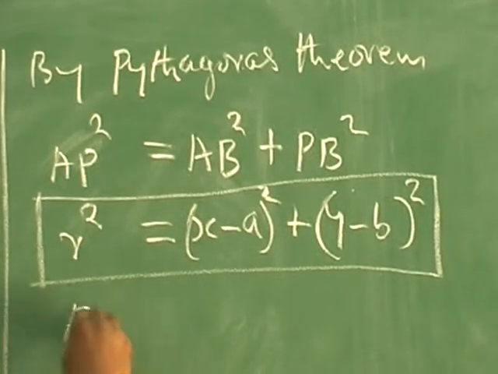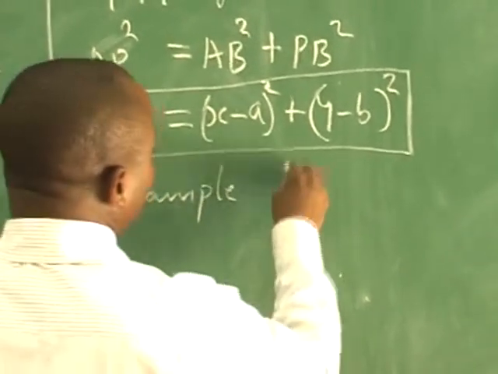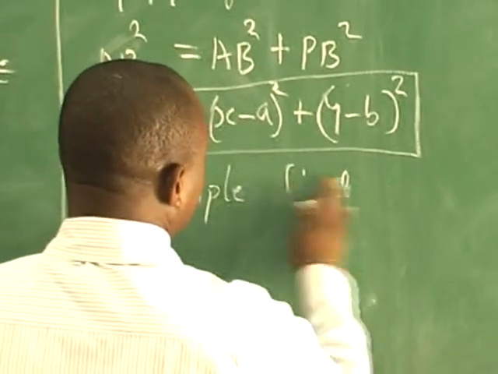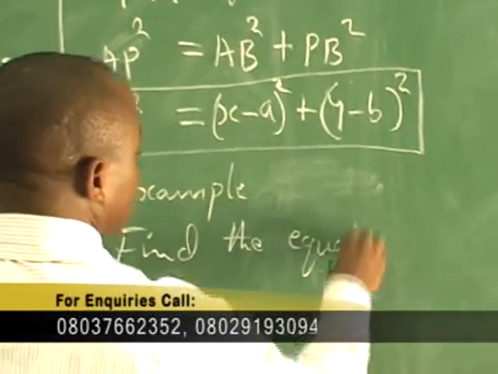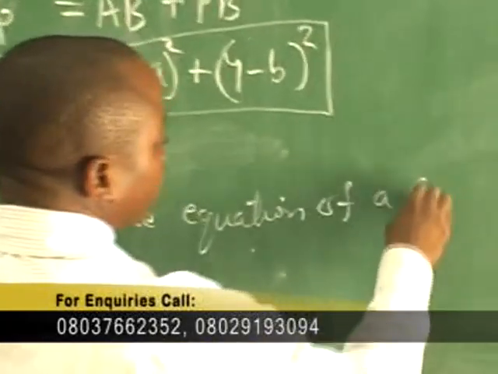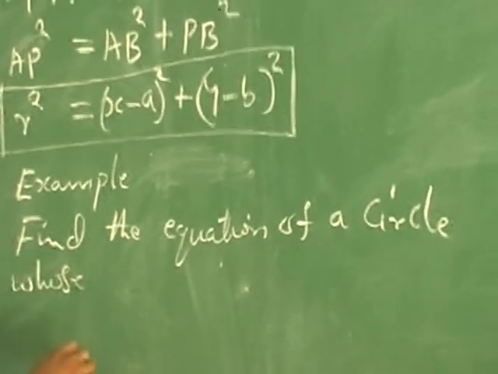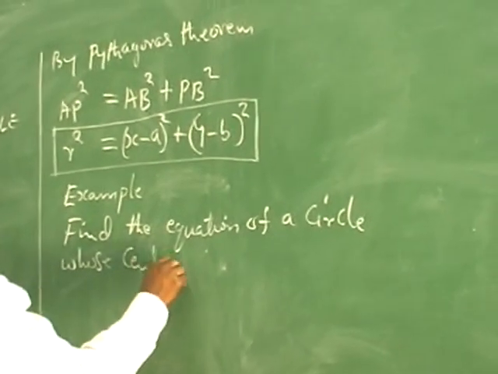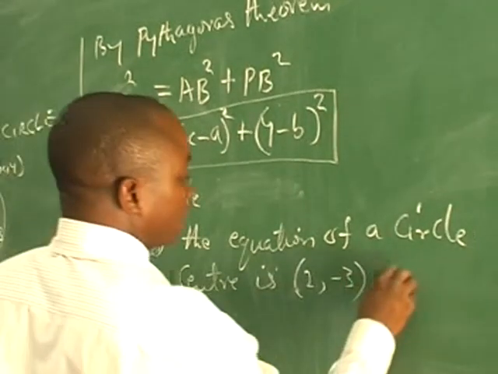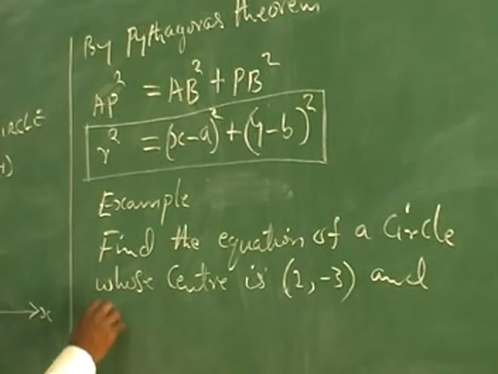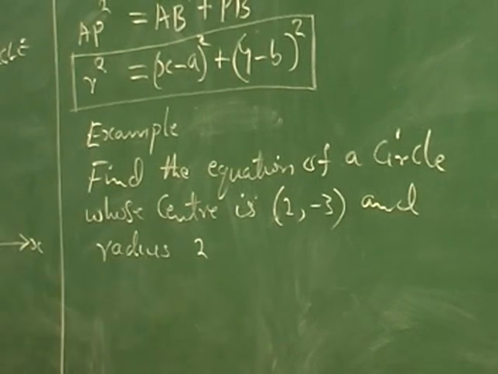For example, we are going to find the equation of a circle whose center and radius are given.